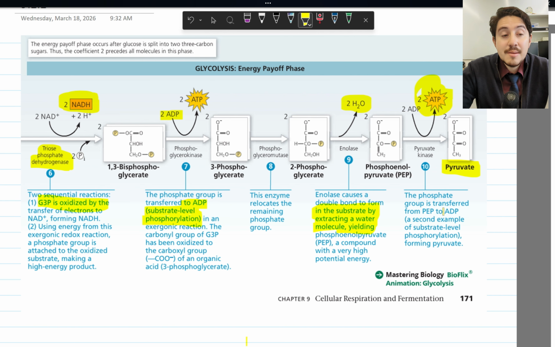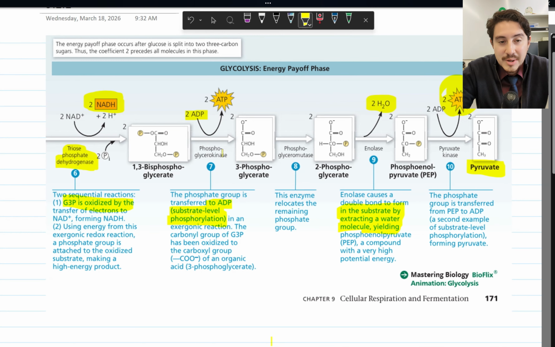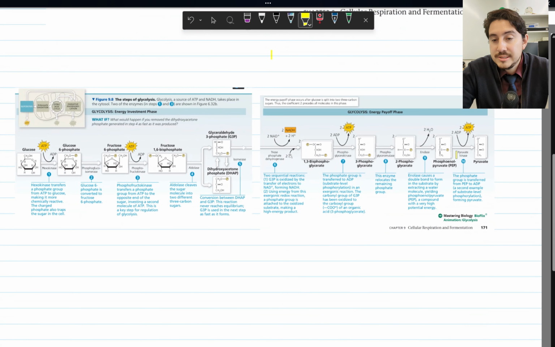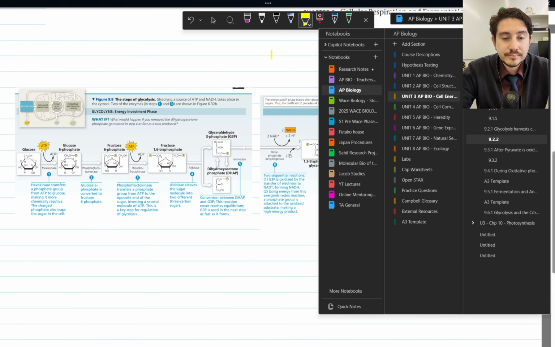Remember, this is happening twice because you have 2 3-carbon molecules. So if you see there's a little 2 in the back, this is happening twice. Of course, they already put 2 and 2 for you to know already. This is a net output. Since it's occurring twice, you produce 2 NADHs, 2 ATPs, and 2 water molecules, and another 2 ATPs.